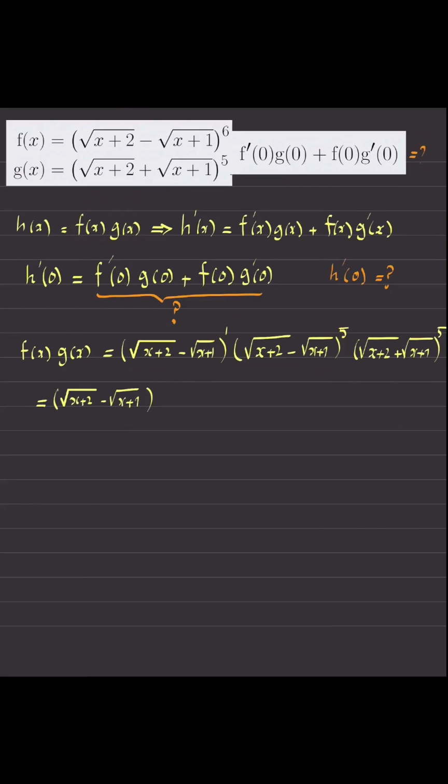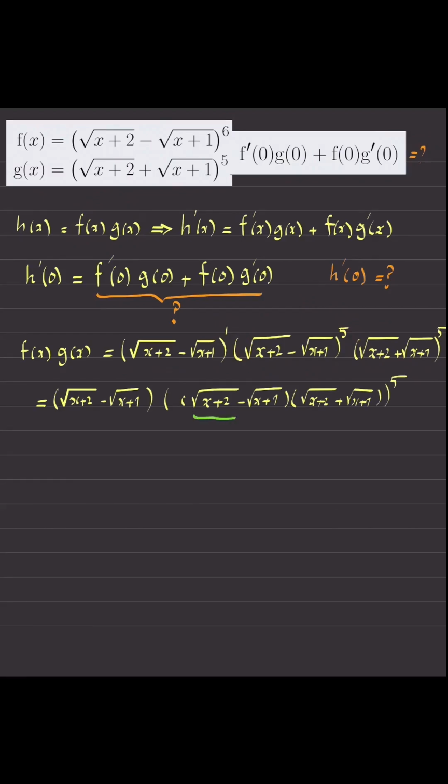But then here you see that I have two powers with the same exponent 5 with different bases. So what I can do is multiply the bases, and then I can put a power of 5 up there. But that is very useful.